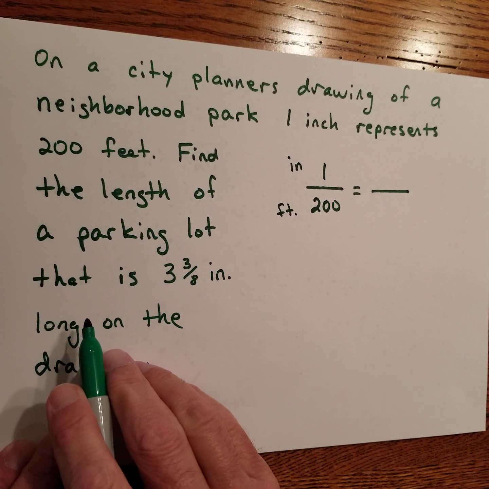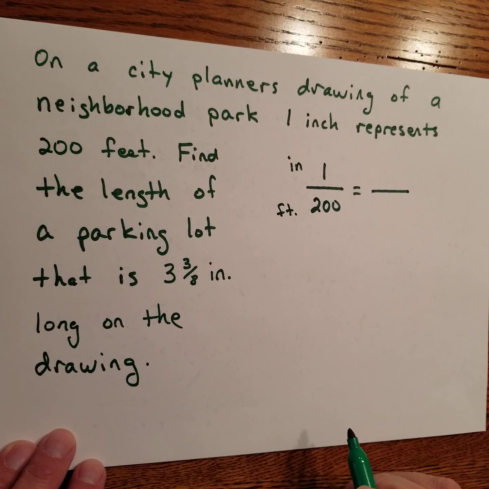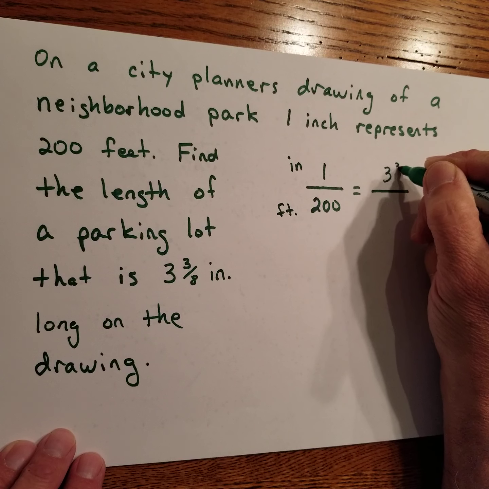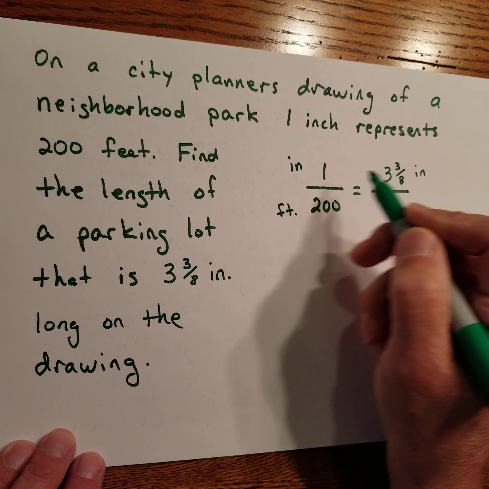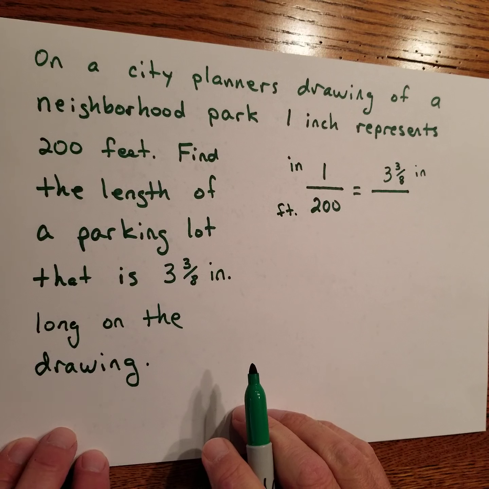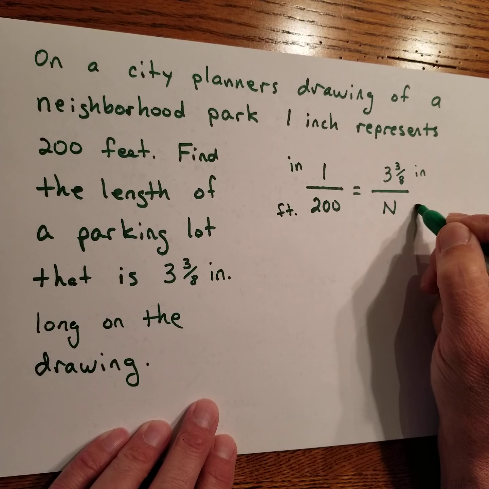Find the length of a parking lot that is 3 3/8 inches long on the drawing. On the drawing, the parking lot is 3 3/8 inches. Remember, we have inches in the top. Our job is to find out how long the parking lot is in real life in feet.